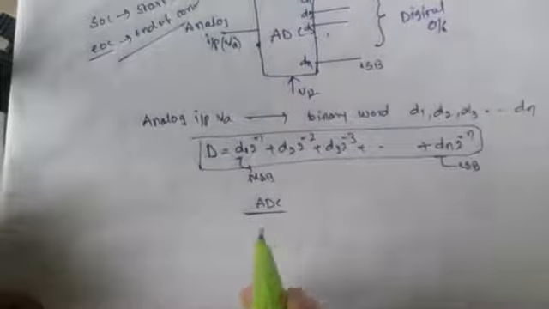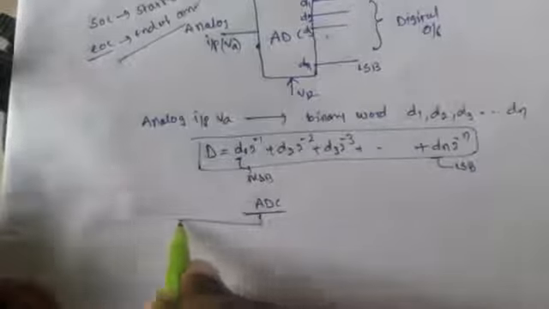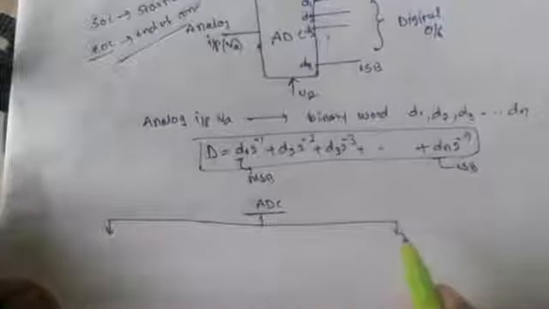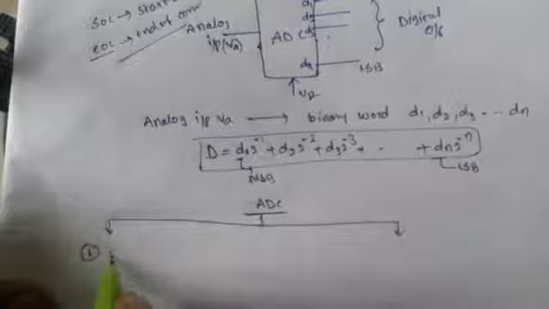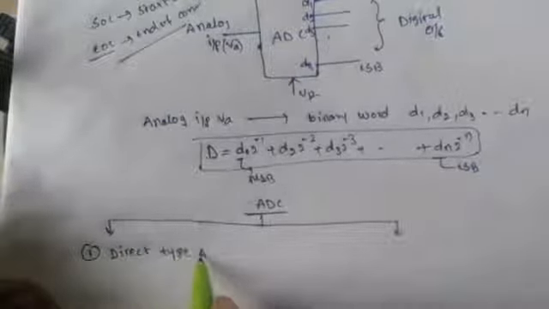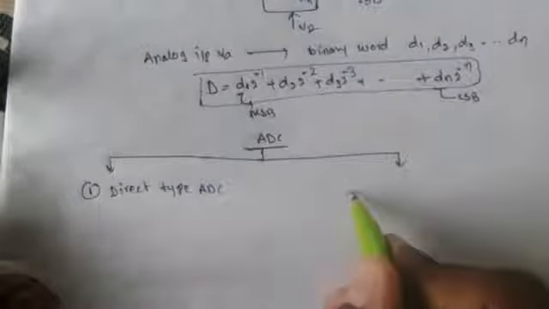For converting like this, we have ADCs, analog to digital converters. Here, in analog to digital converters, two different types of ADCs are there. One is the direct type A to D converters, direct type ADC, and the second category belongs to the integrated type ADC.